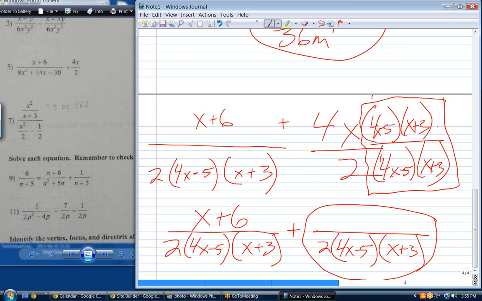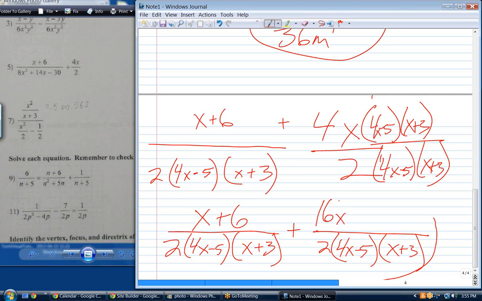So we do need to simplify. Let's multiply 4x times these. What do I get? 16x squared minus 20x, all times x plus 3.